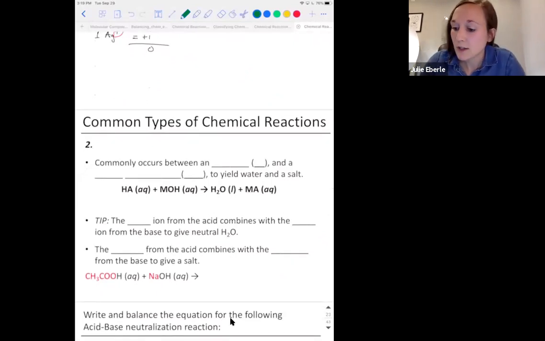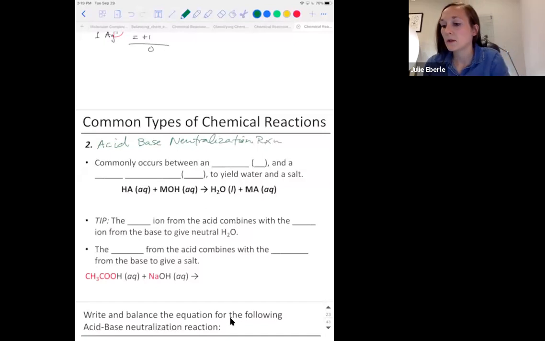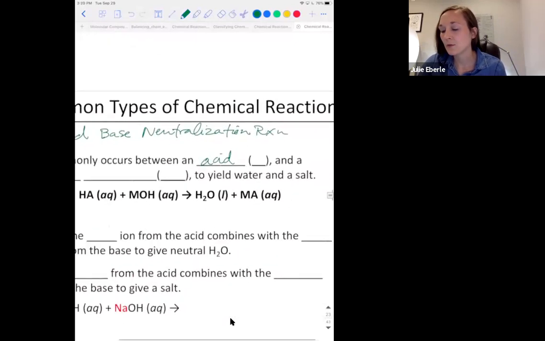Number 2 is an acid-base neutralization reaction. Okay, this commonly occurs between an acid, and here's how we abbreviate acid. We say HA.